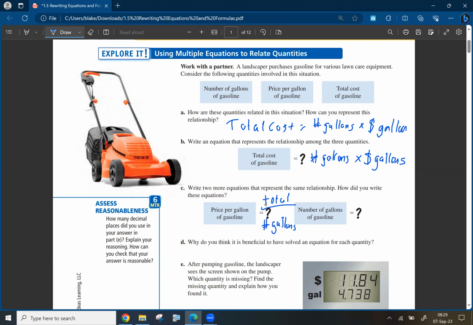If we take the total cost divided by the number of gallons, we would get the price per gallon. If we want to know the number of gallons of gasoline, we could take the total cost and divide it by the price per gallon, and we could see how many gallons of gasoline we fill up with.